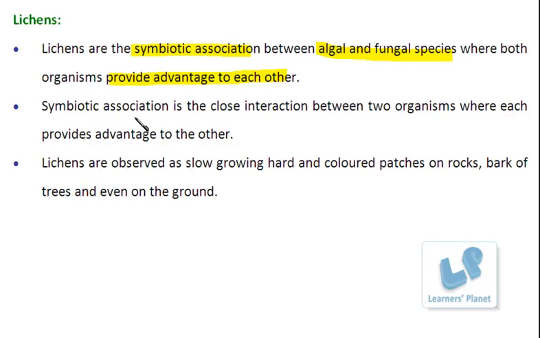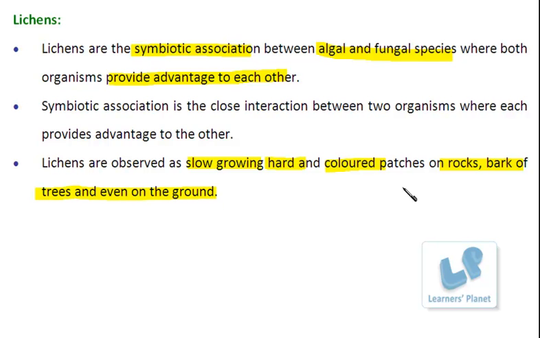Fine. Now these organisms, the lichens, are observed as slow growing bodies which have a hard texture, and they have different colors, or they are observed as colored patches on the rocks, on the bark of the trees, or even sometimes on the ground.